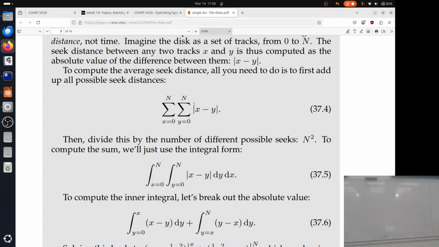This aside is interesting from the perspective of, well, I don't know when the last time you did integrals was. For me, it's been about 20 years. This is cool to think about, like we can calculate the rotational latency of a disk spinning around on a platter because it's a circle, and then start to think about what the distance between two different things on this arc of this circle is, but I don't actually care.